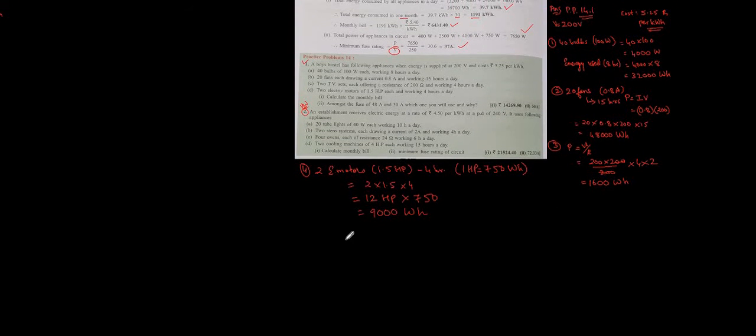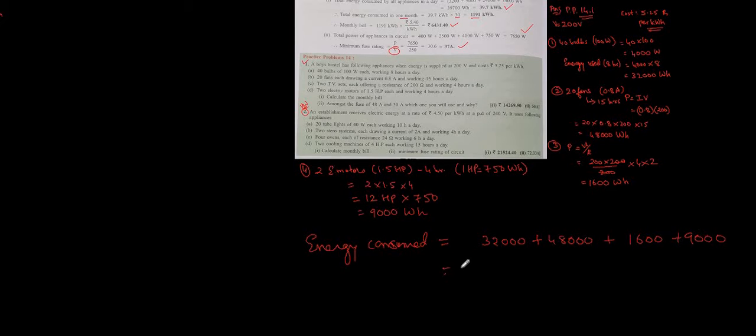Now we have to add, and this reducing to small, so it becomes easy for us to know. So here we have to add all of them. So energy consumed is equal to, if we add, we get first one 32,000 plus 48,000 plus 1600 plus 9,000.